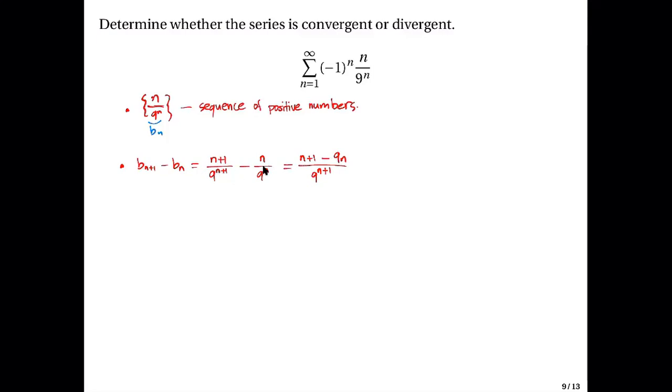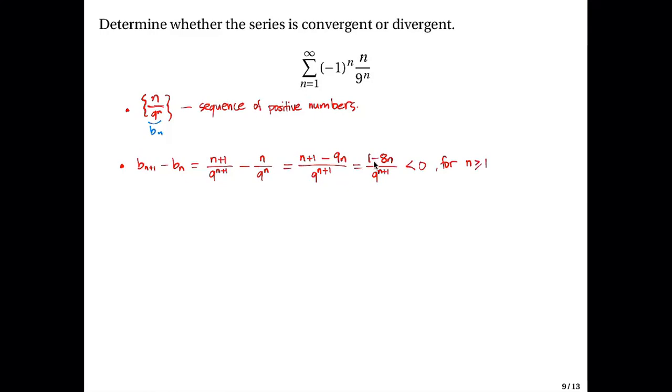Pinagsama mo lang sila sa isang fraction. You multiply 9 sa denominator, magiging 9 raised to n plus 1 siya. So, syempre, dapat i-multiply mo yung numerator sa 9 din. But if you simplify this, what you will get is 1 minus 8n divided by 9 raised to n plus 1. And this is always negative for n greater than or equal to 1.